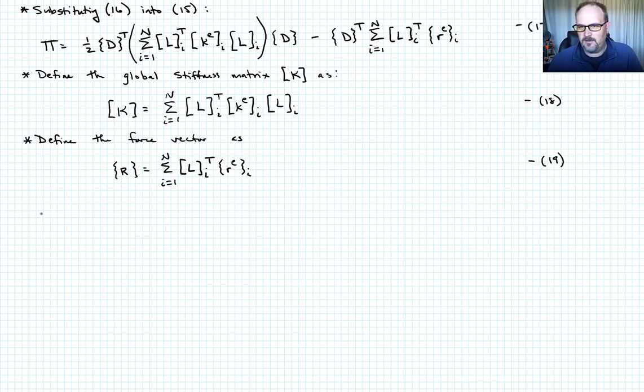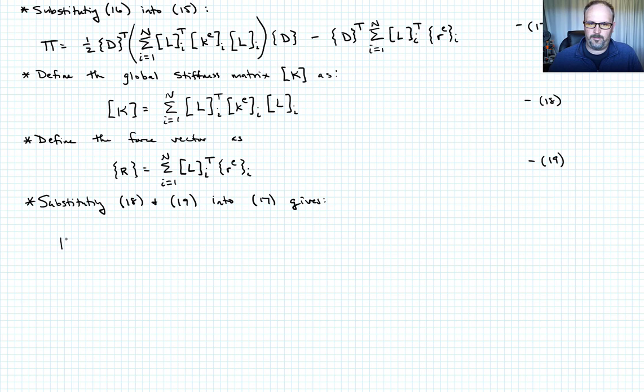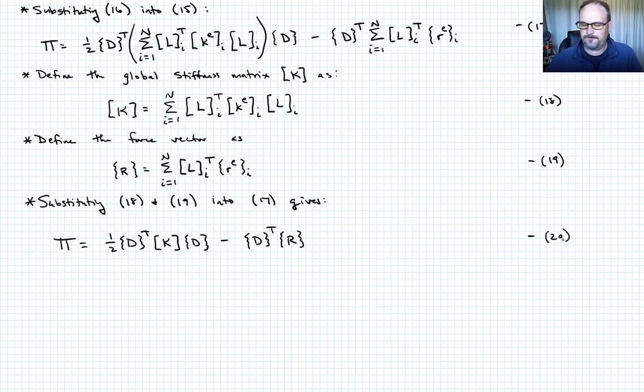Okay, what I can do now is substitute equations 18 and 19 into 17. And I end up with pi, the total potential energy of the system, is equal to 1/2 d transpose times the global stiffness matrix K times d, minus d transpose times R. Okay, call that equation 20. So what have I done?